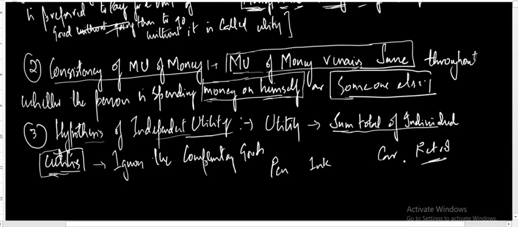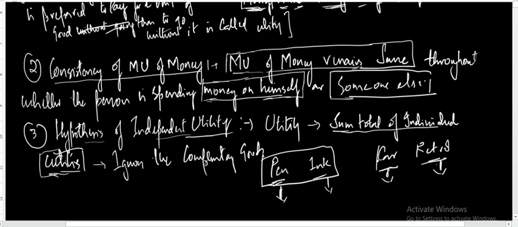It says that each of these units is independent. There is no complementarity between these two. So whatever satisfaction I'm deriving from the pen is independent of the satisfaction I am deriving from the ink. Whatever satisfaction I'm deriving from the car is independent of whatever satisfaction I'm deriving from the petrol. So these goods are independent. The satisfaction derived from them is independent of each other.